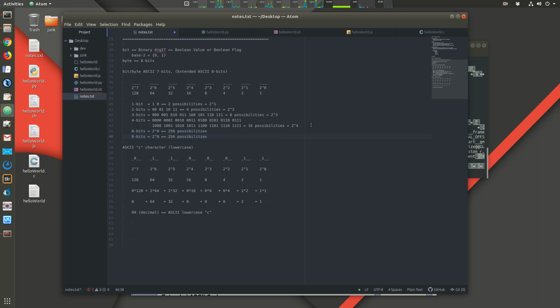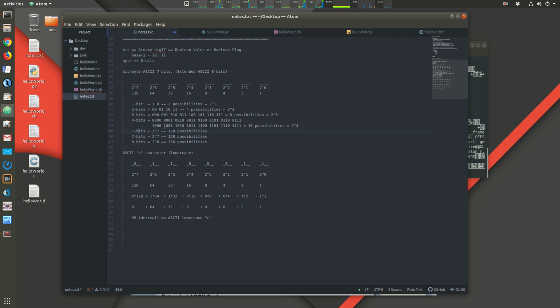If we back up one and go to 7 bits, we would just divide by our base. 256 divided by 2 is 128. We do that again if we want to go back down to 6 bits. It's 2 to the 6th. What's half of 128? 64.